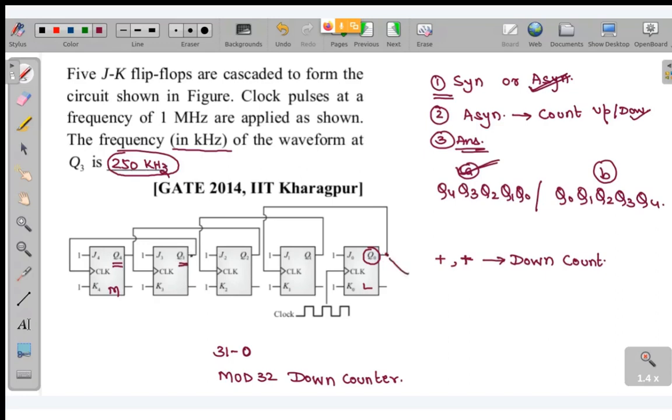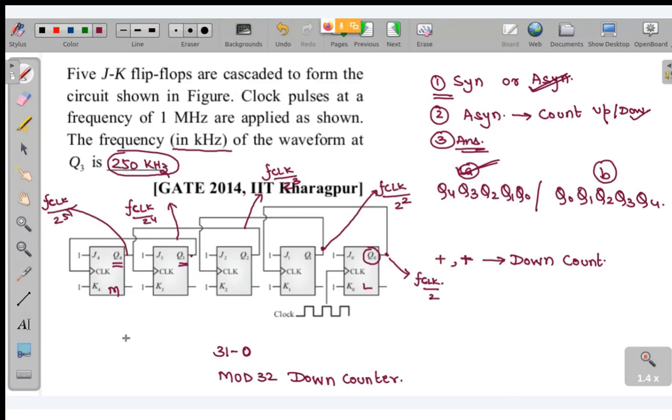We know the frequency over here will be f clock by 2, here it will be f clock by 2 to the power 2, here f clock by 2 to the power 3, here f clock by 2 to the power 4, and at the last place f clock by 2 to the power 5.